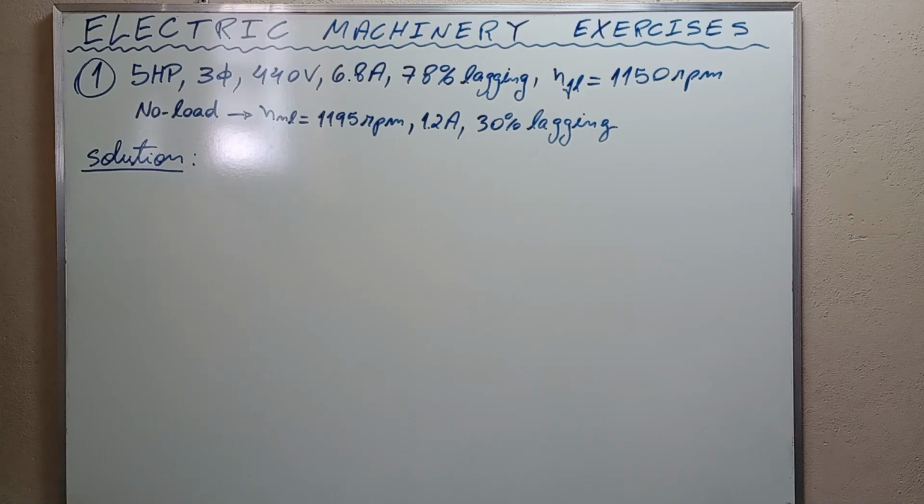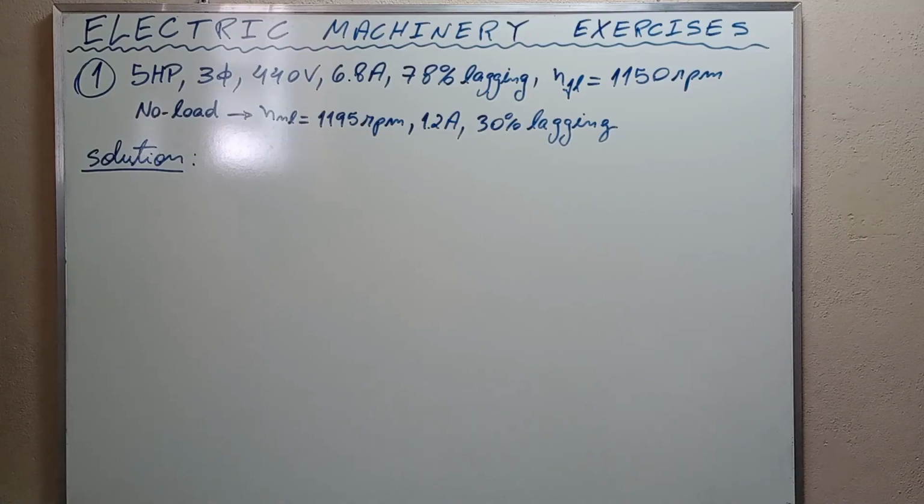The full load speed is 1150 rpm. Under no load conditions, the speed is 1195 rpm and the line current is 1.2 amps RMS at a power factor of 30%, lagging.